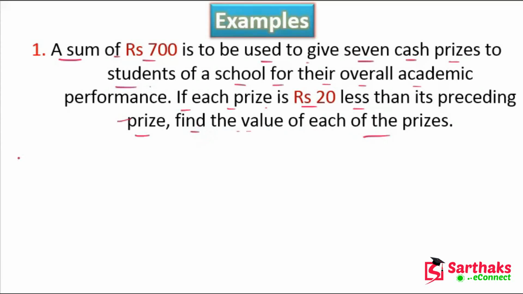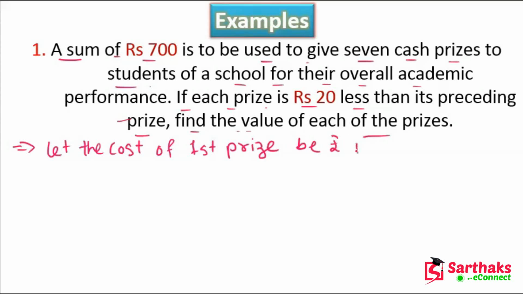First of all, let the cost of the first prize be rupees p. We are assuming the cost of the first prize is p.